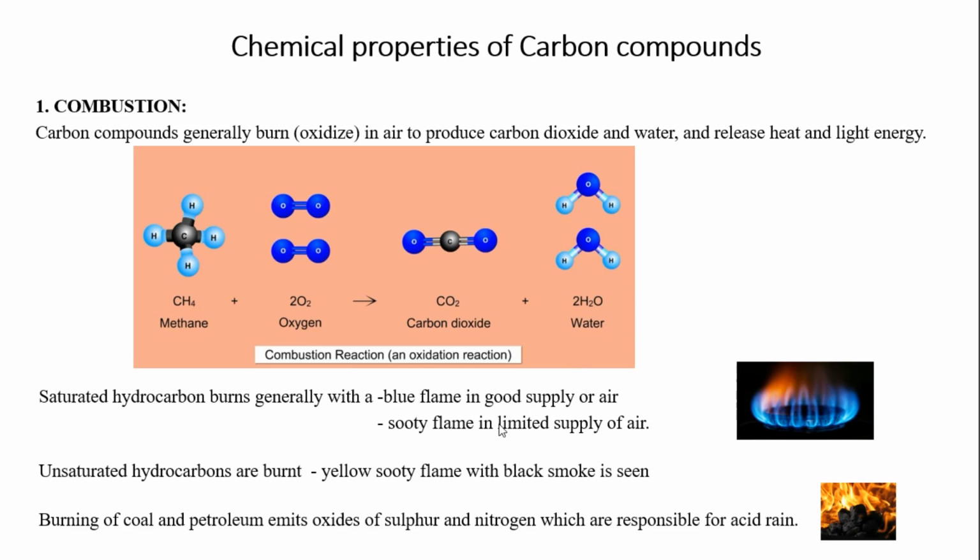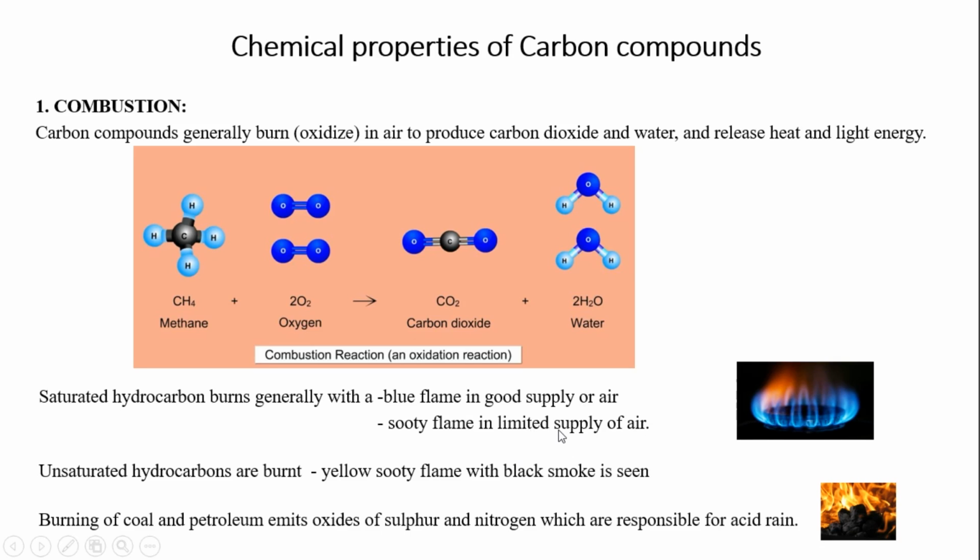Now when that supply of air is limited, there comes incomplete combustion. Whenever there is incomplete combustion, you will see a sooty flame. A sooty flame will be seen because there is a limited supply of air for the combustion to take place.